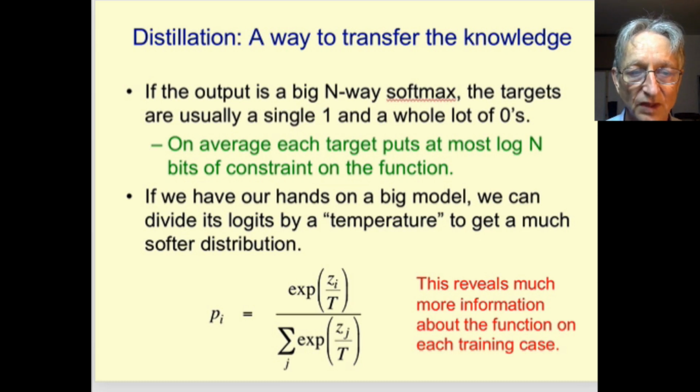But if we have our hands on a big model, and we take the logits, the things you put into the softmax, and divide them by a temperature bigger than 1 to get a soft distribution, the soft distribution that the big model outputs reveals a lot more information about the function it believes in.